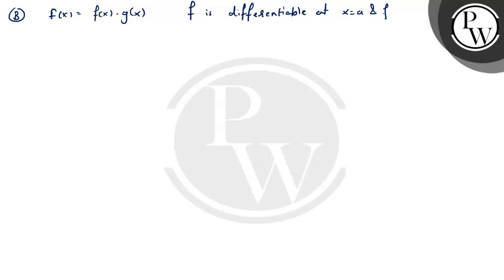Now let's work out option B. In option B, we have a function capital F(x) equal to small f(x) multiplied by small g(x), where f is differentiable at x equals a and f at a is equal to 0.